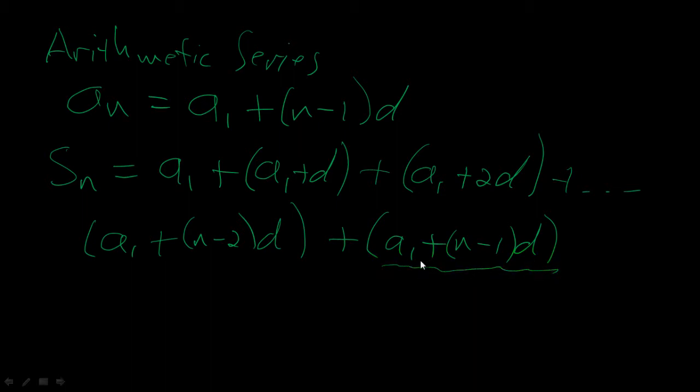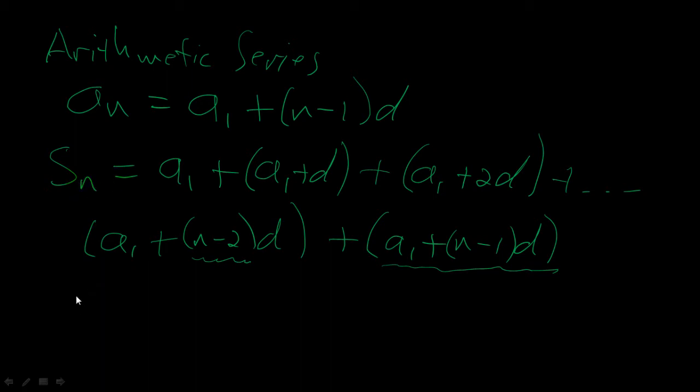Straightforward. Now if the last term is a1 plus n minus 1 times d, obviously the second last term will be n minus 2 times d, and the third last term will be n minus 3 times d, and so on until we end up with the first term being a1. So this is a method to write the arithmetic series of an arithmetic progression.